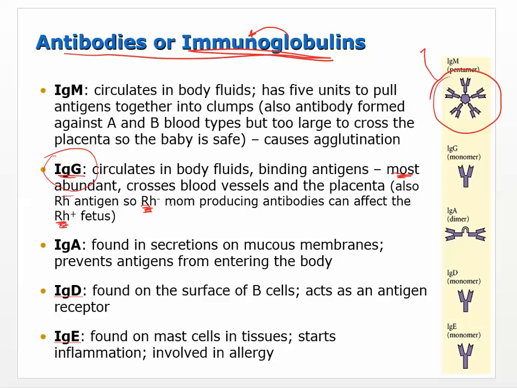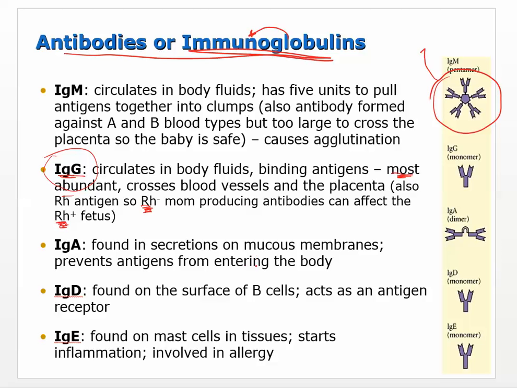That means the first baby, because the blood doesn't mix, may be okay, but if during pregnancy or at the end when the placenta is expanding, there may be some broken blood vessels in there, mom's blood does get exposed, then the next time mom has a baby, she could possibly be producing antibodies against the Rh.